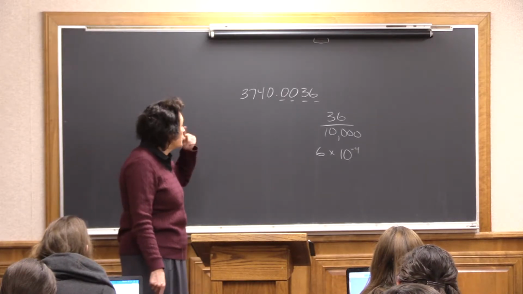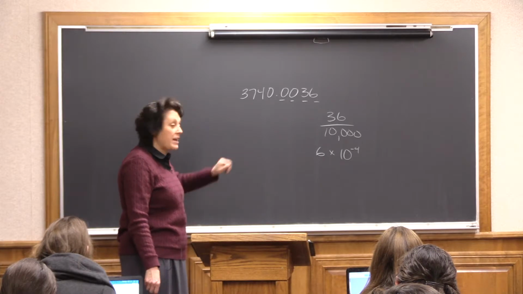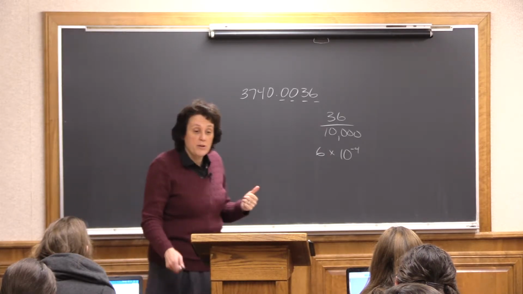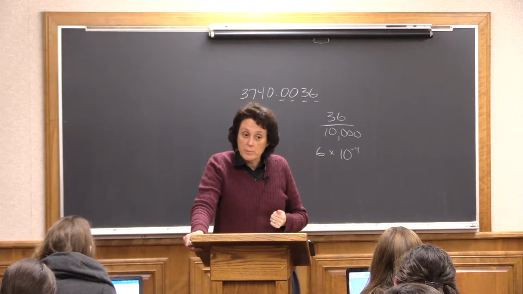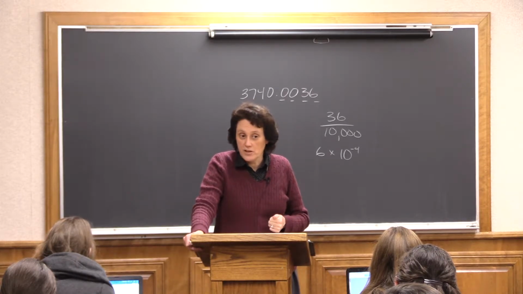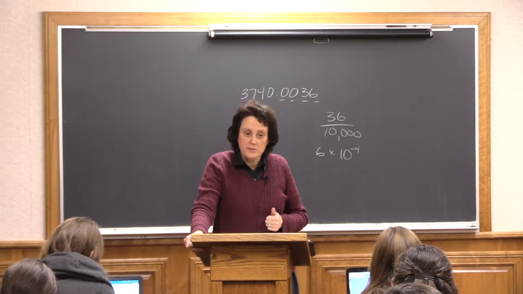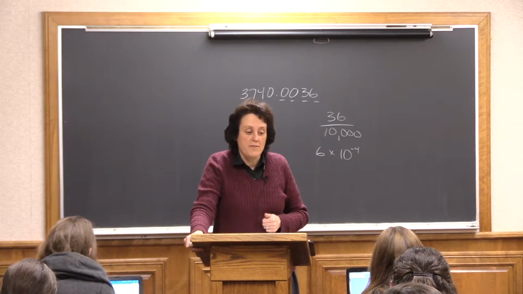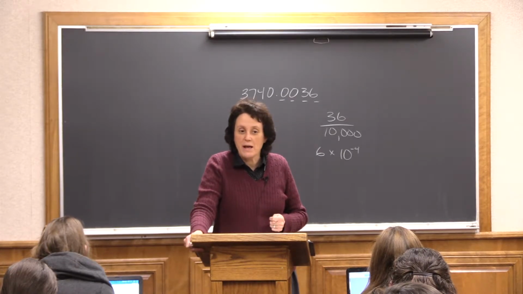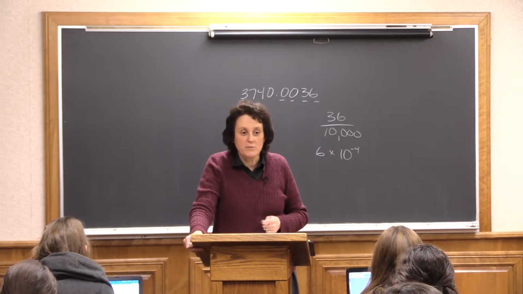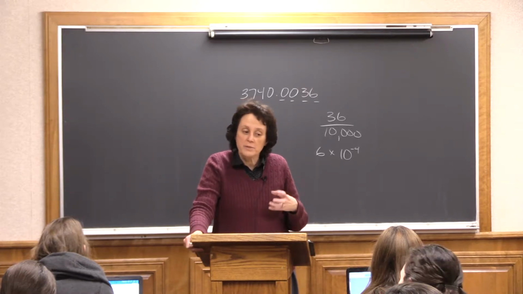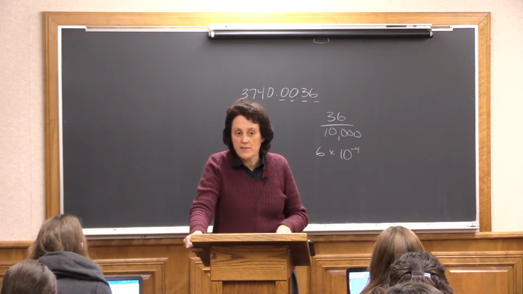We need to make sure that we understand how to write this in expanded form, and we also need to understand how to convert numbers into scientific notation. In today's world, we have to work with very, very large numbers. Think chemistry. Also, very, very small numbers. Think microbiology. All right, so we need to be able to comfortably work in the decimal place value system.